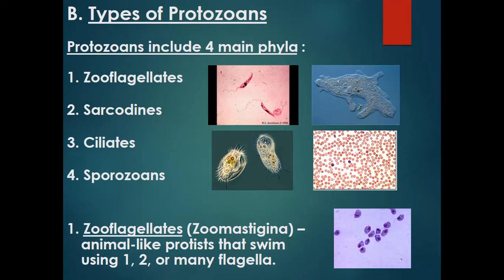For the sarcodines, the primary locomotory organ is the pseudopodia. And the sporozoans don't have a locomotory organ, but their type of development is quite different compared to the three major groups. The zooflagellates in other books are also called the Zoomastigina.